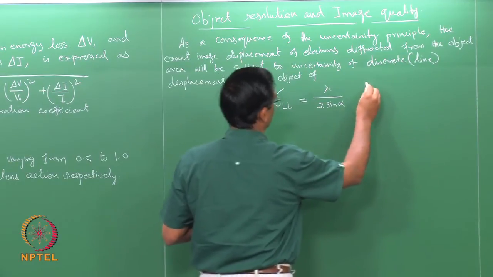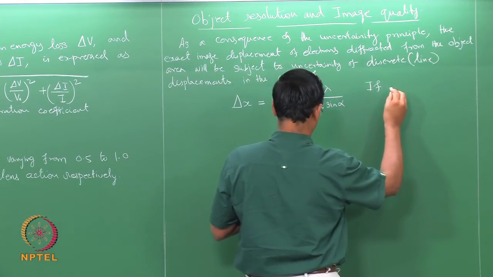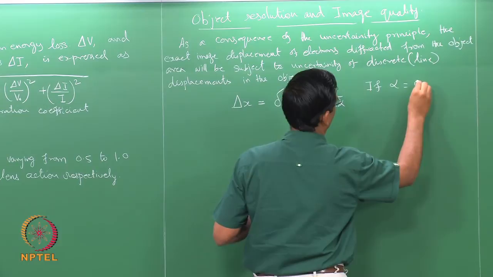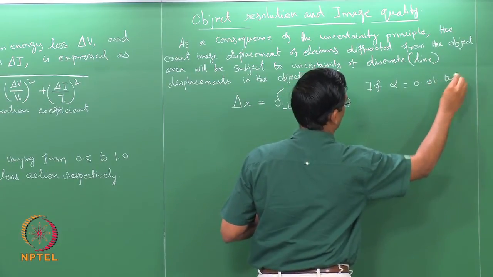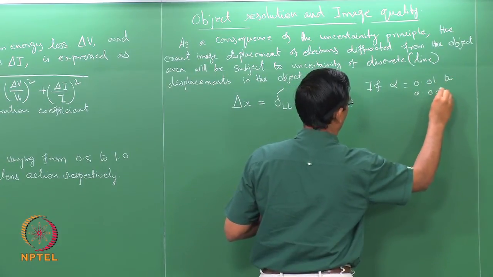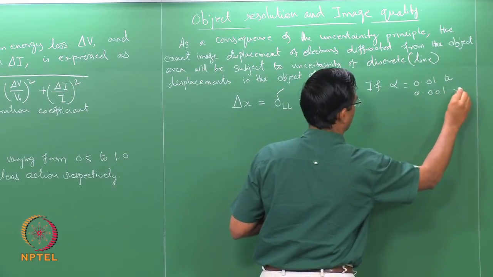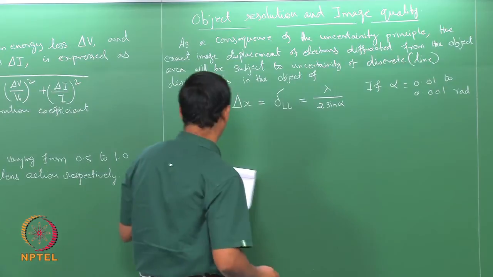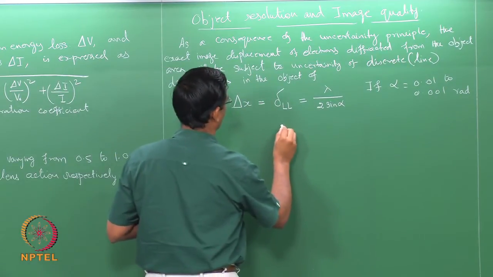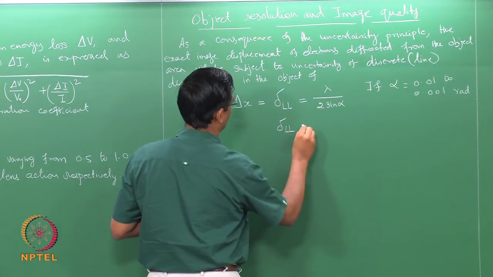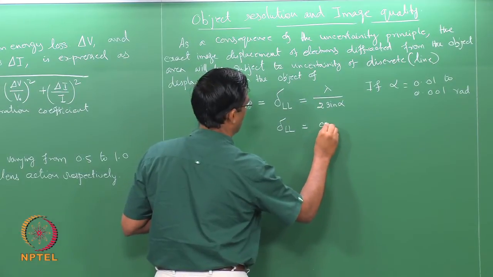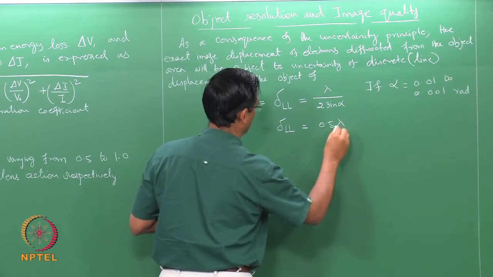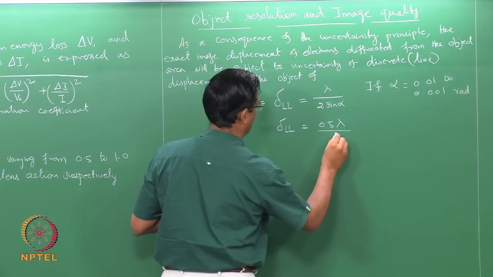So, if alpha is 0.01 to 0.001 radian, then we can write delta LL is 0.5 lambda divided by alpha.